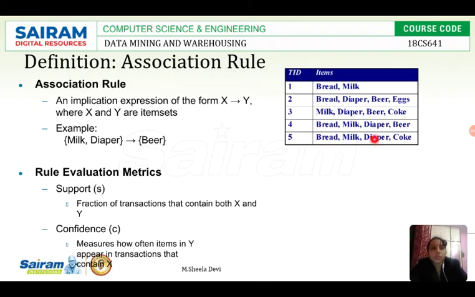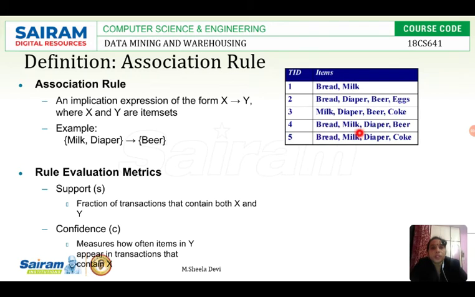Where these combinations are there, beer, milk and diaper occur in the third transaction and the fourth transaction. Here in the fifth transaction it is not there.